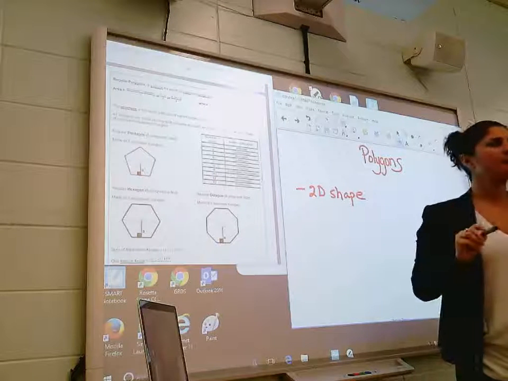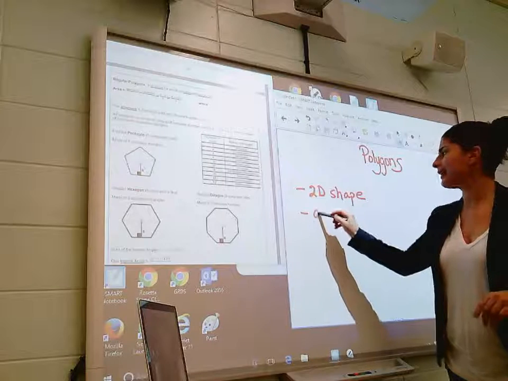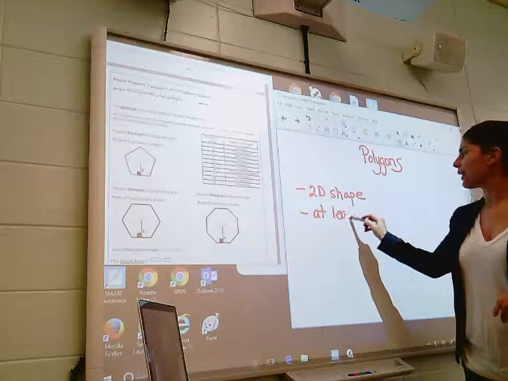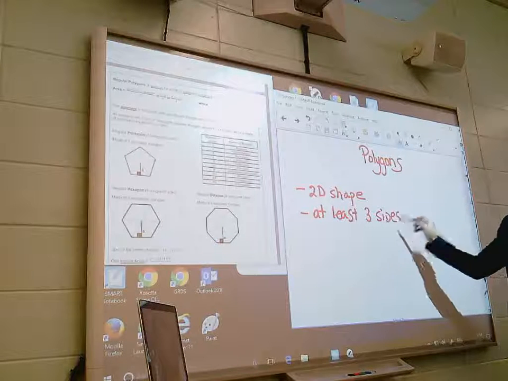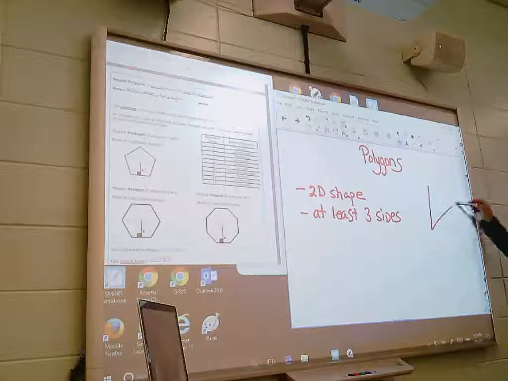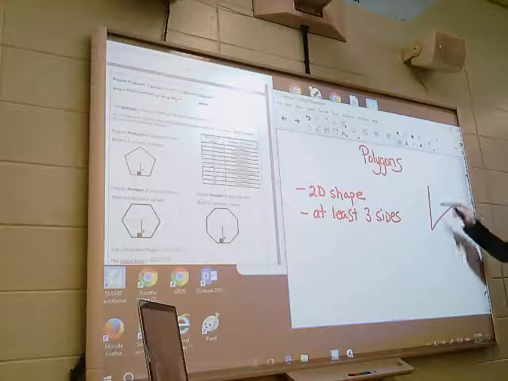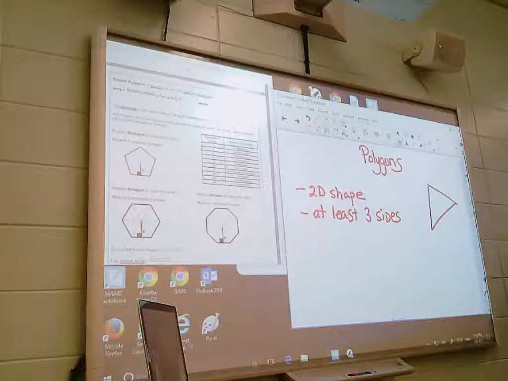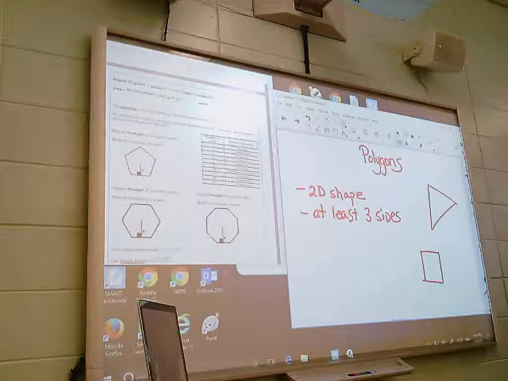2D shape. It has to have at least 3 sides. Why? Because if you only have 2 sides, that is not a polygon. A polygon must be closed. So we have to have at least 3 sides. We can definitely have 4 sides. That's a polygon.